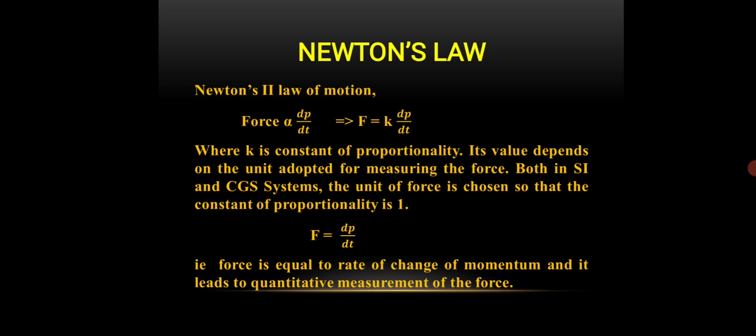So put a constant of proportionality K. So F is equal to K into dP by dt. The value of K depends on how we measure the force. We are going to choose the unit of force, both in SI and CGS systems, such that K is equal to 1. So F becomes dP by dt. That is, the force is equal to the rate of change of momentum, and it is a quantitative measurement of force.